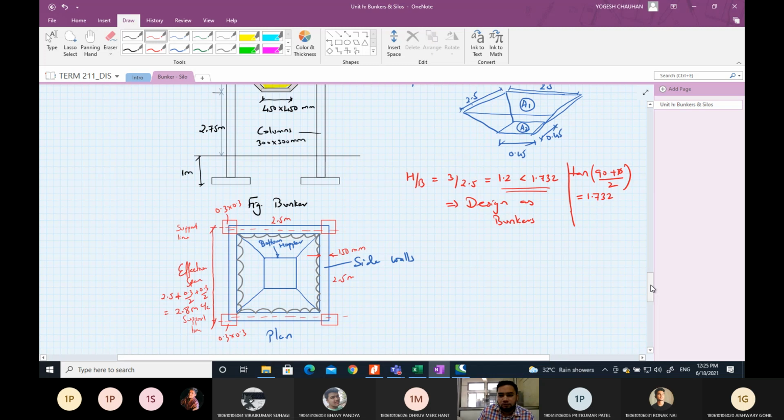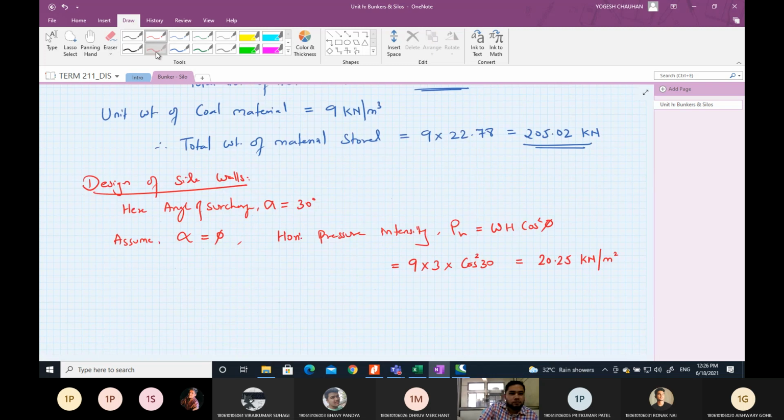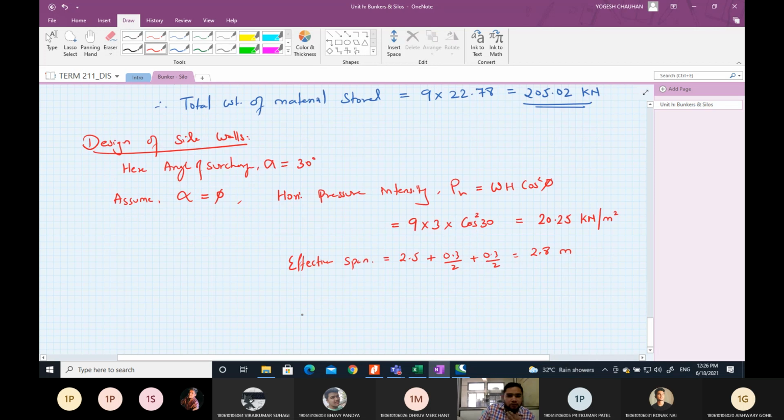So the effective span is equal to 2.5 plus 0.3 by 2, 0.3 by 2, that is 2.8 meter. So now you can find the maximum bending moment.